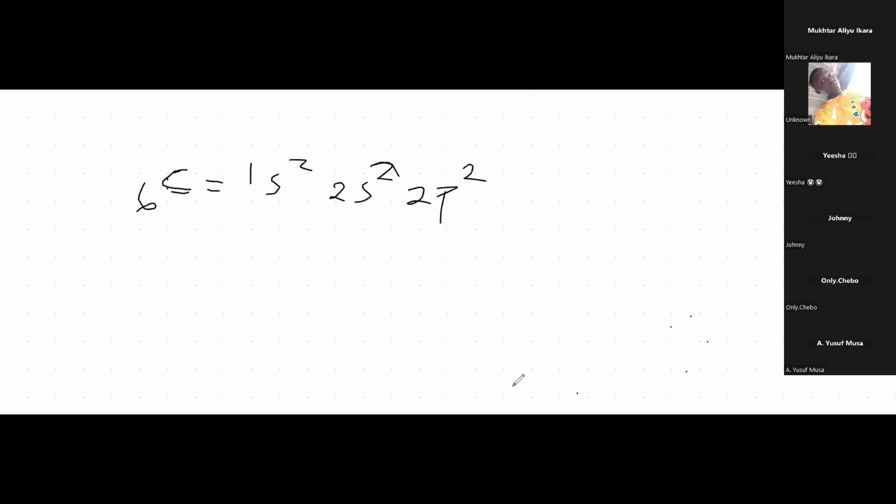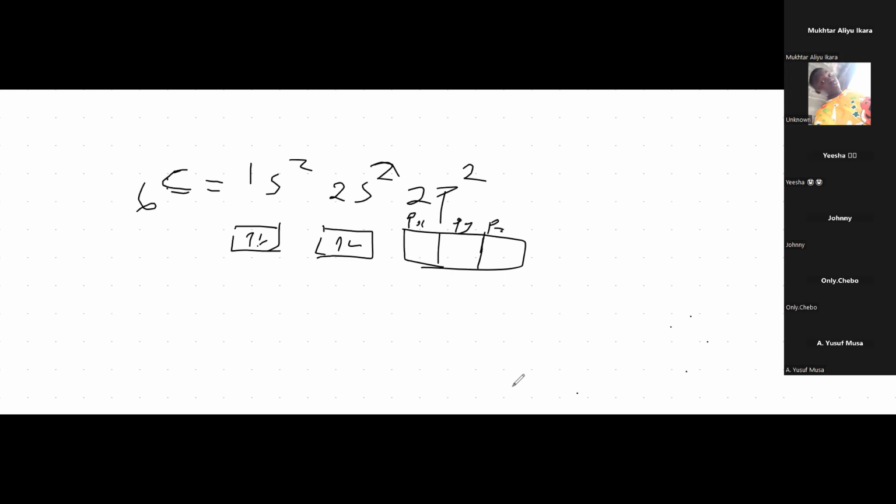So we are going to do what you call a box configuration. Here we have 2 electrons, and here we have another 2 electrons. And then for the 2p, remember we said for the 2p we have px, py, and pz, so we are going to have 3 boxes.